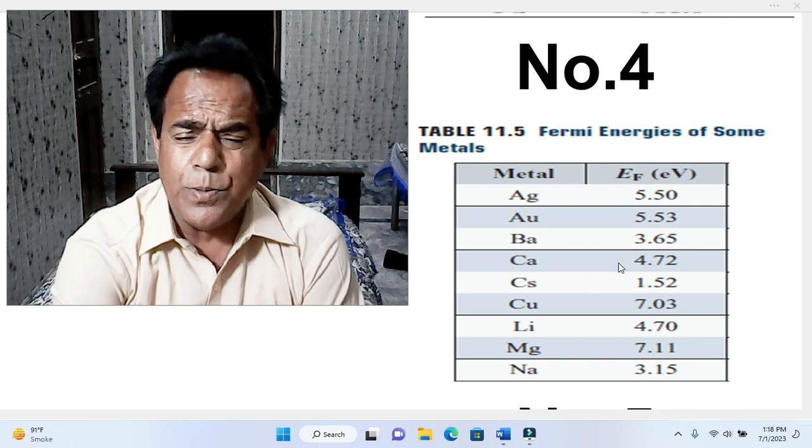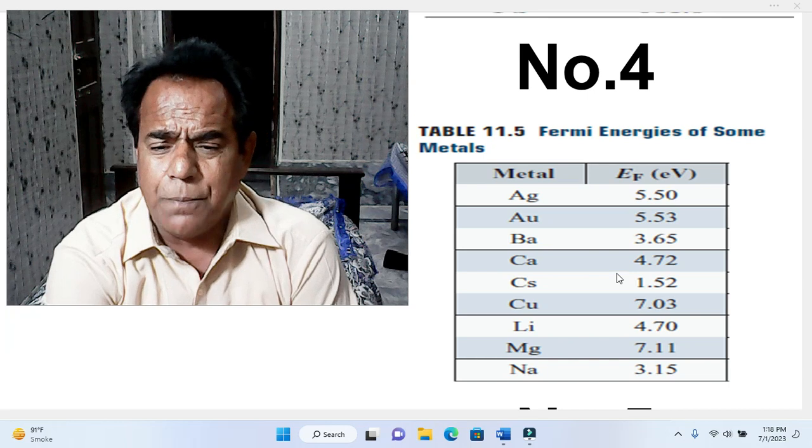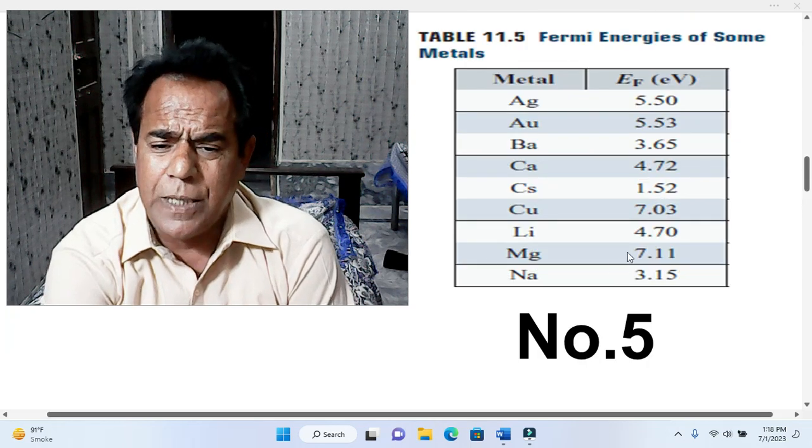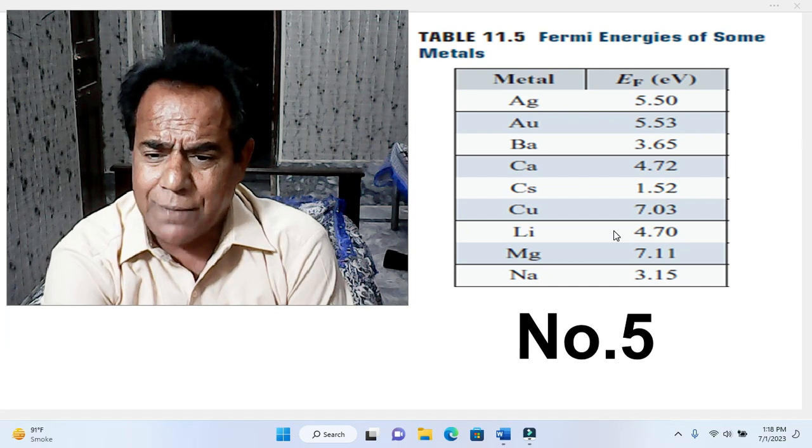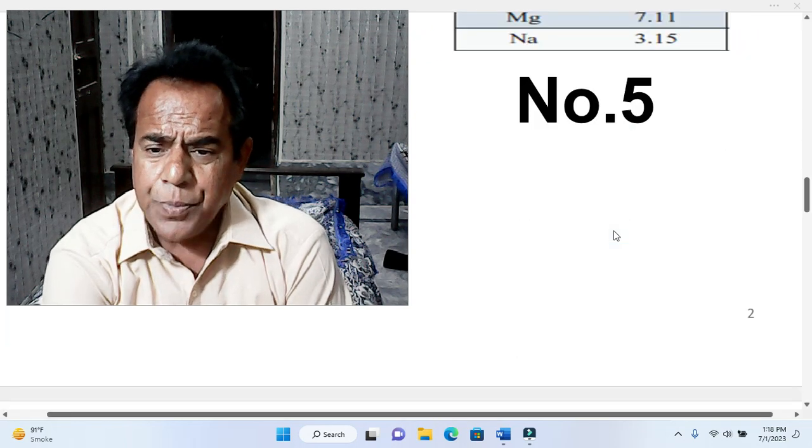But currently we are following this table, so we will take the Fermi energy of copper as 7.03 electron volt.